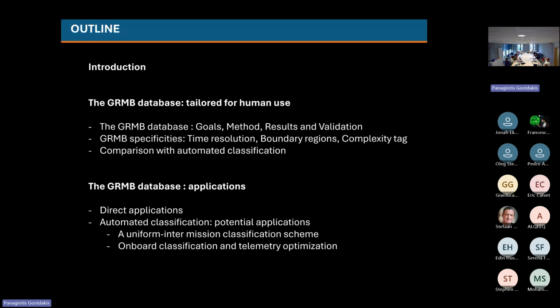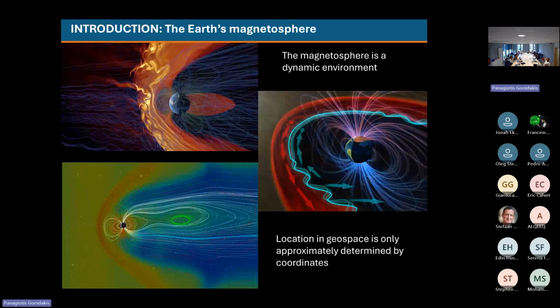It's how we see, as scientists, how these kinds of classifications can be used to help us do science. When you have a spacecraft orbiting in or around the magnetosphere, its spatial location doesn't really tell you in which region of geospace it is located.